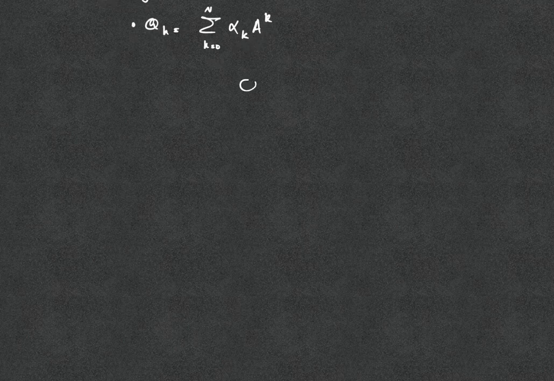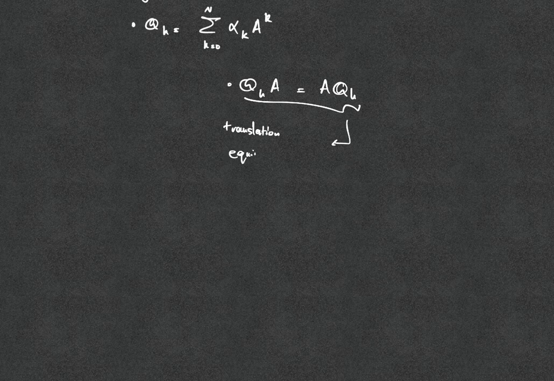The first thing is the commutativity with the adjacency matrix. From the perspective of intuition, this basically means translation equivariance.